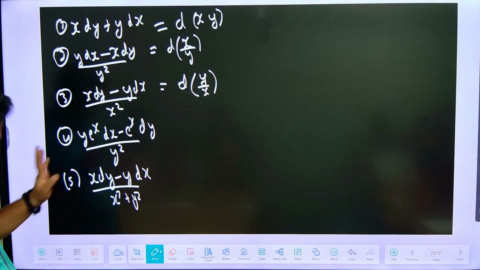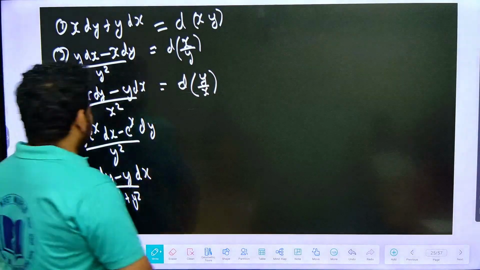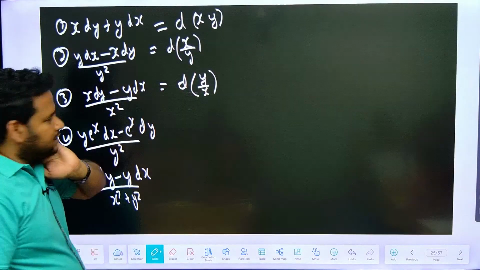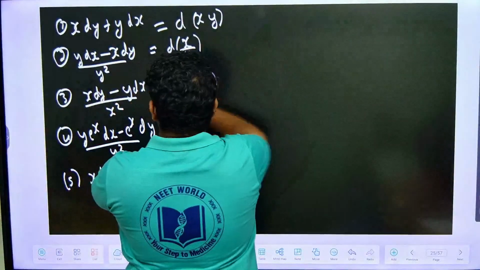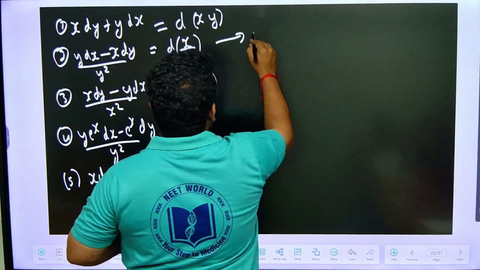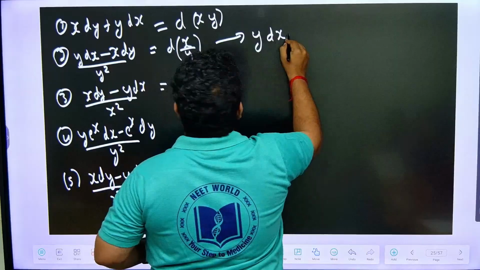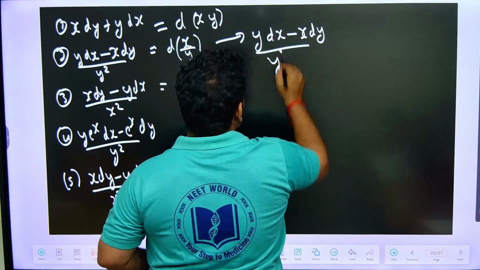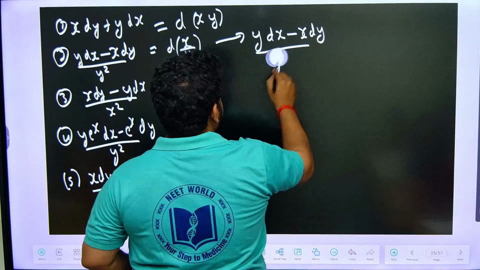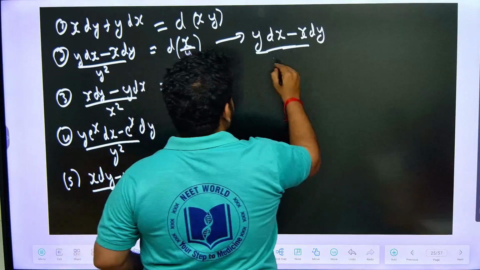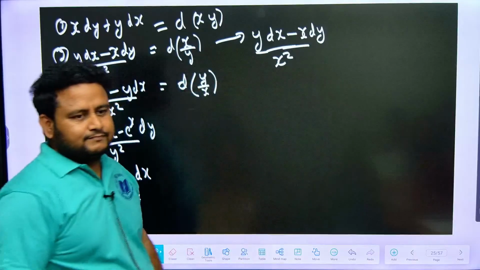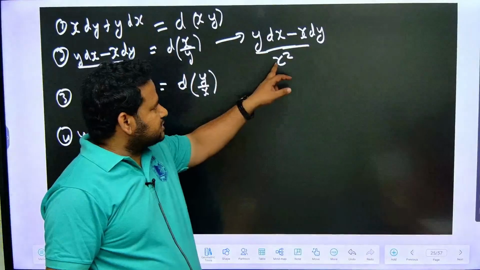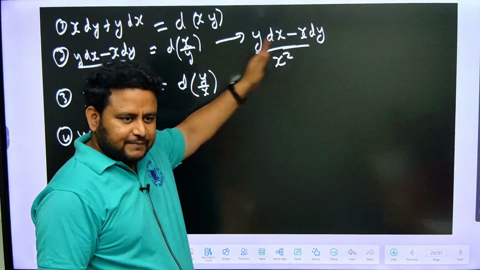Now my question is, suppose I have x square here, and I write y into dx minus x into dy by x square instead of y square, what will you do? Very good. Since x square is there, we will take the minus sign outside.